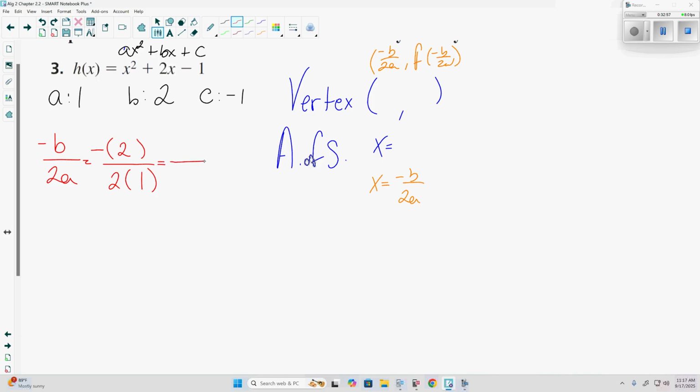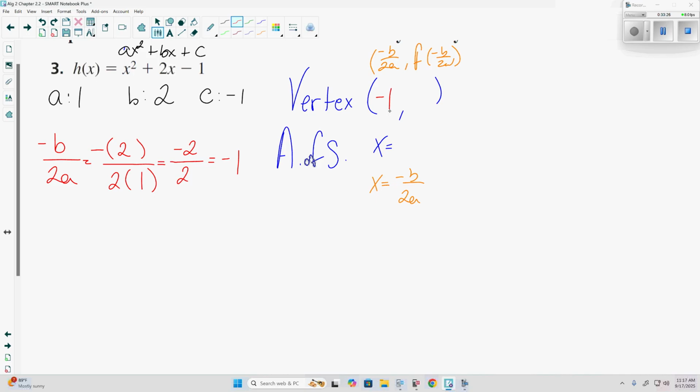And just like with the last one at this point here, we can grab the calculator, plug it in, and let it do it for us. Here on top, -2 is just going to be -2. On bottom, 2 times 1 is 2. And -2 divided by 2 is -1. A negative divided by a positive is still negative.